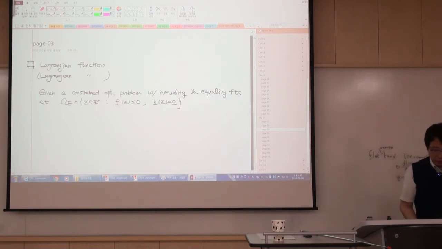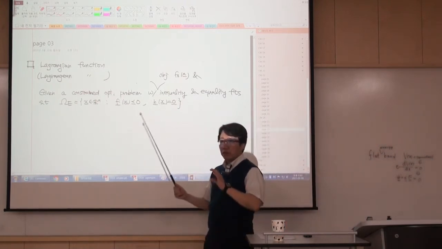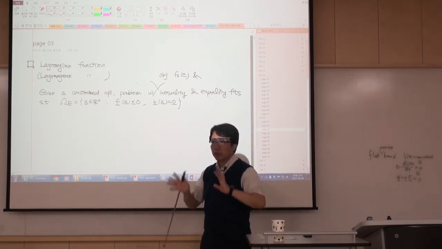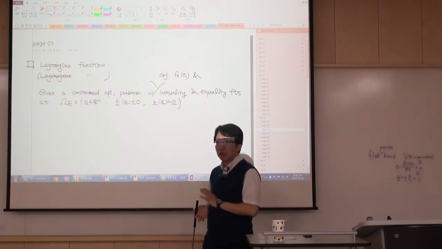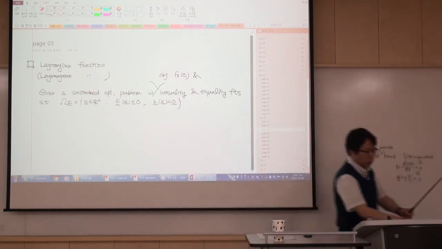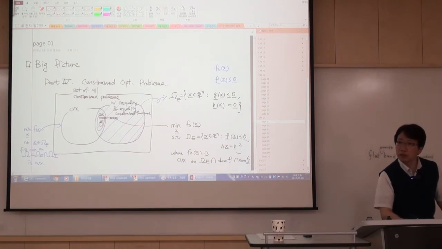So given an objective function f0 of x and equality and inequality functions like this. Okay, I'm not talking about complex functions, I'm just talking about a constrained optimization problem with equality and inequality constraint functions. Got it? That set I've shown you, with inequality and equality functions.